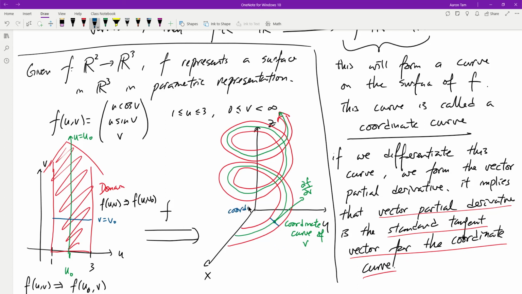So that would be the coordinate curve of u, which just goes across. And the tangent vector for this curve will probably go this way, because it's a straight line, and that would be df over du, or actually it might point inwards. I actually don't know which way it's going to point. Okay?